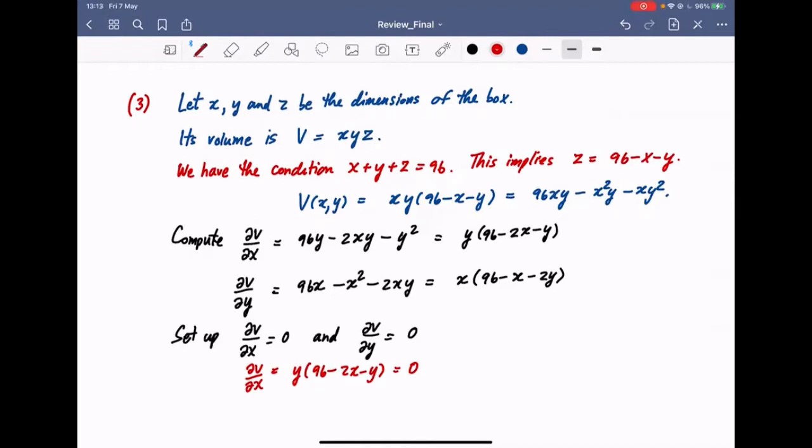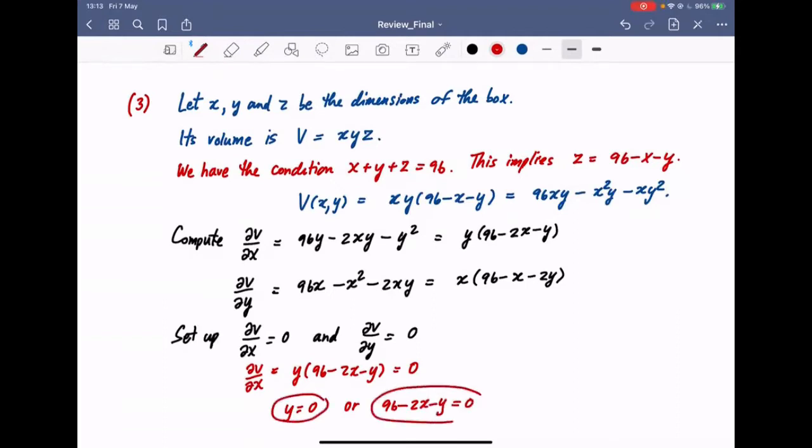It means either y or 96 minus 2x minus y equal to 0, right? Because when you have a product of two things multiplied together and you get 0, one of them must be 0. So that means y equal to 0 or 96 minus 2x minus y equal to 0.